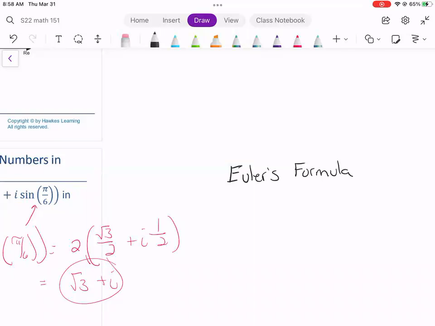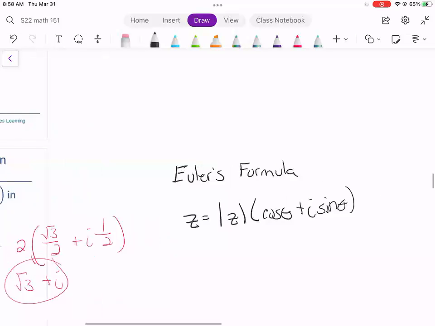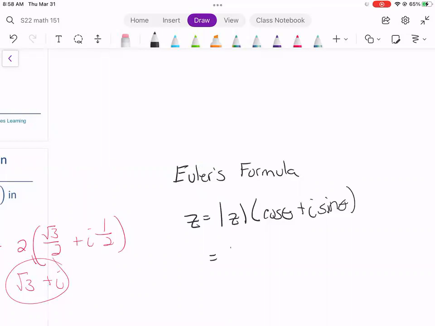And what it tells us is that z is equal to the magnitude of z times the cosine of theta plus i sine of theta. But using this formula, we can rewrite this as the magnitude of z times e to the i theta. This will come in handy in some future lessons, and we're going to talk about that in a future video.